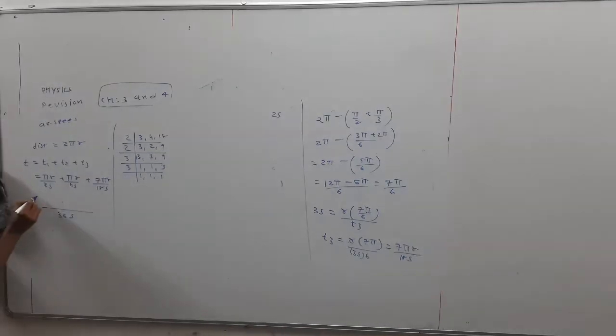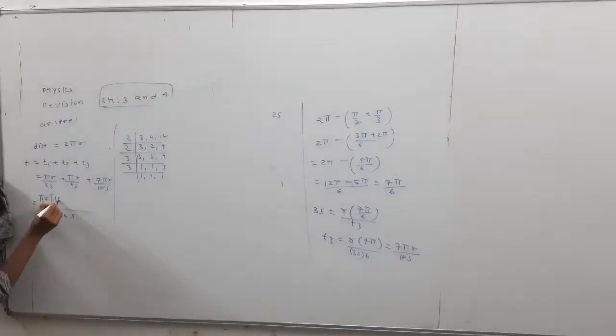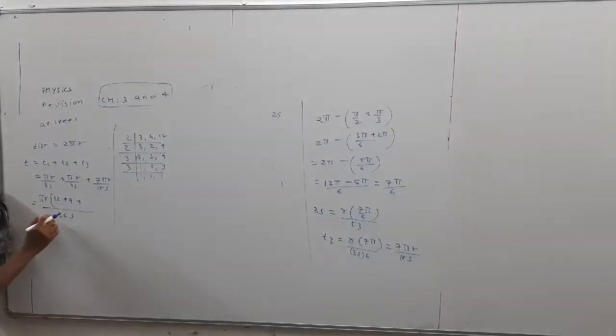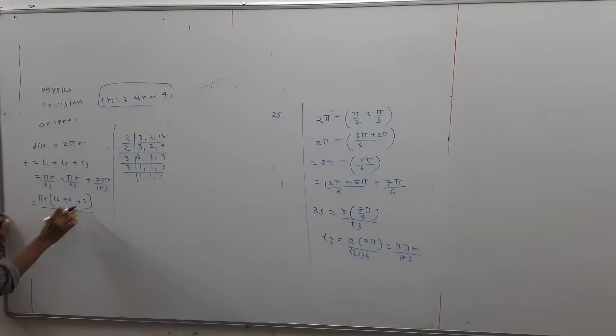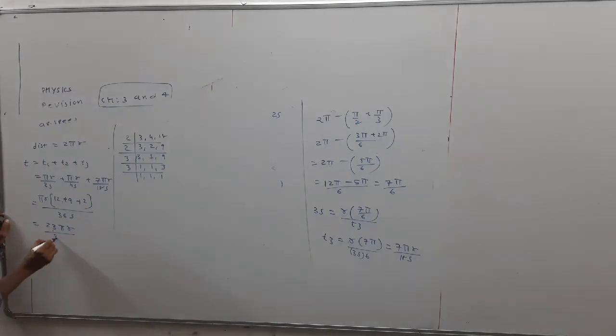Now pi r is common here. 36 upon 3 is 12, 36 upon 4 is 9, 36 upon 18 is 2. This will be 12 plus 9, 21 plus 2, 23. So pi r by 36s.